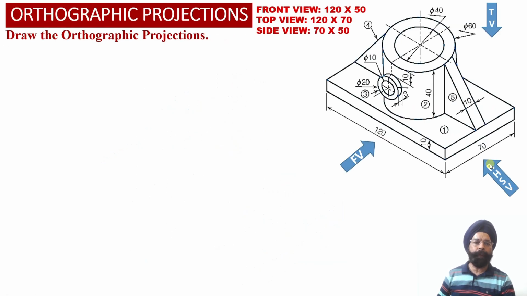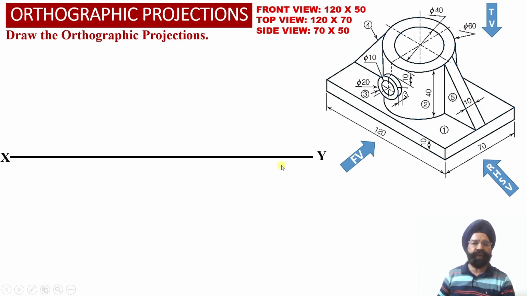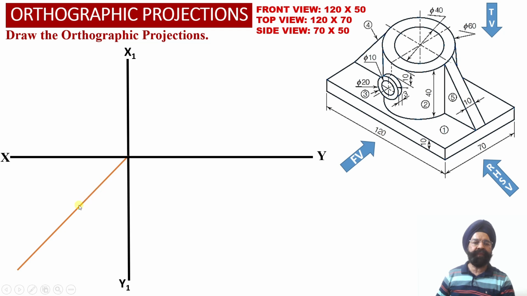In order to obtain the orthographic projections of the solid, we have drawn the XY reference line and the X1 Y1 reference line, and we have also obtained the transfer line originating from the intersection point of the XY reference line and the X1 Y1 reference line.